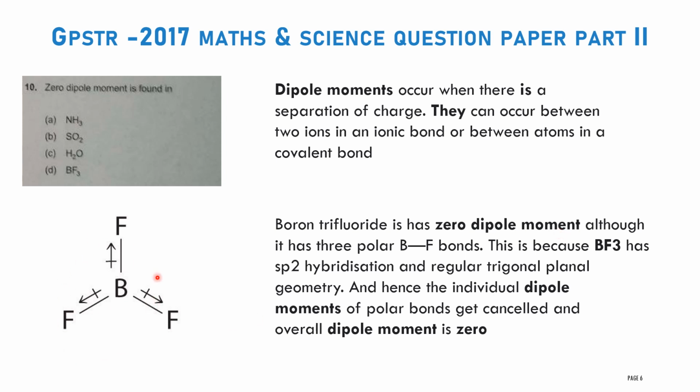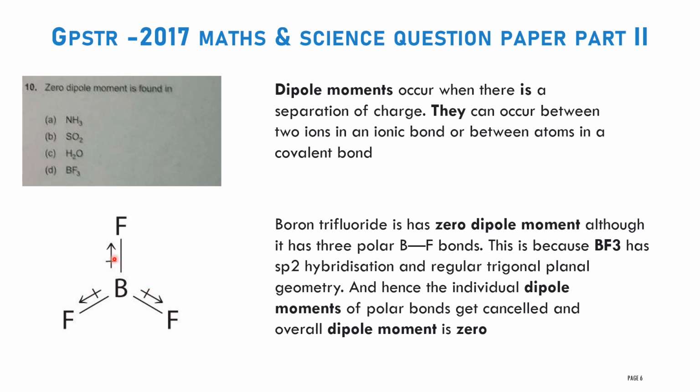Here you can observe boron trifluoride. It has three polar B-F bonds. BF3 has sp2 hybridization. Here you have three polar bonds, and these bonds are formed by sp2 hybridization. One bond is exactly upward, and the remaining two bonds are in the opposite direction.